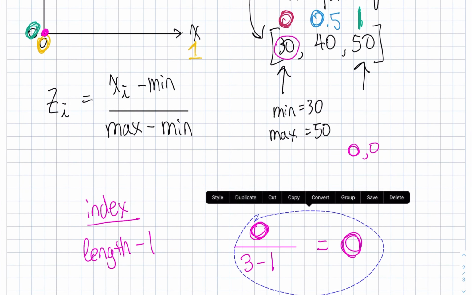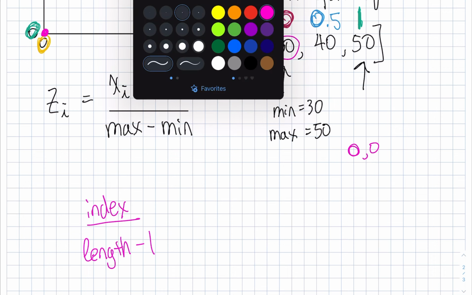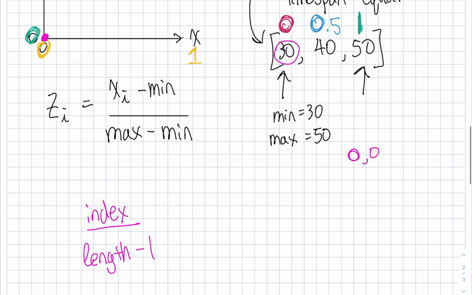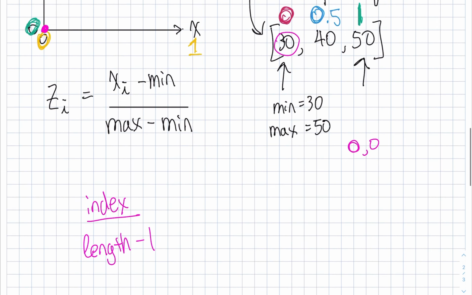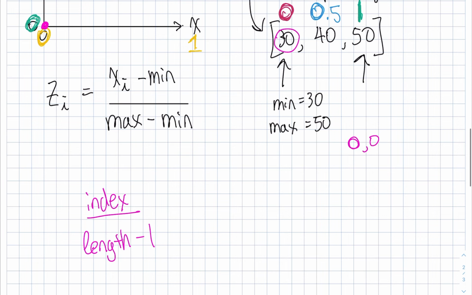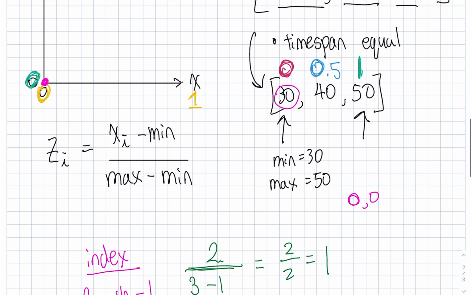Next, I'm going to do 50, because I want to show you why we did length minus 1. So the index of 50 is going to be 2, right? And our length is 3 minus 1, which equals 2, so 2 over 2 is 1. So 1 is going to be the value of x for 50.